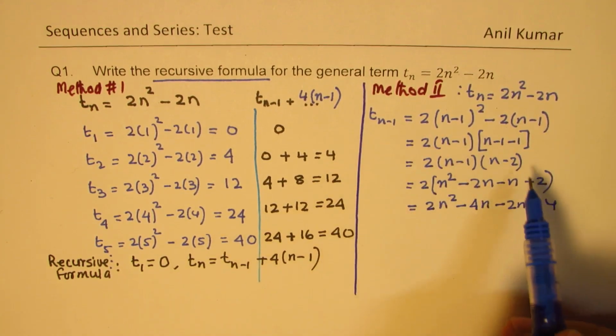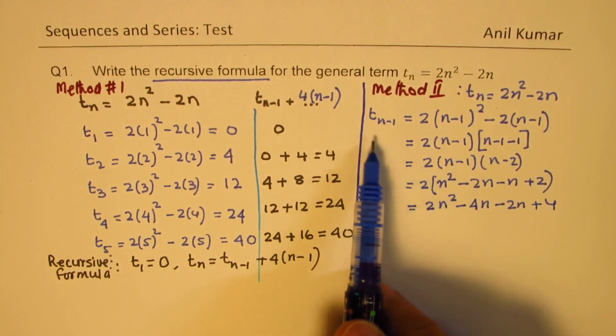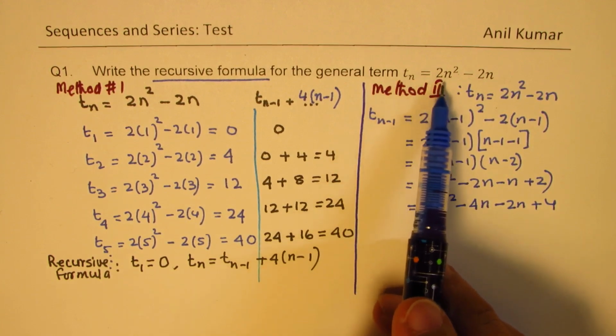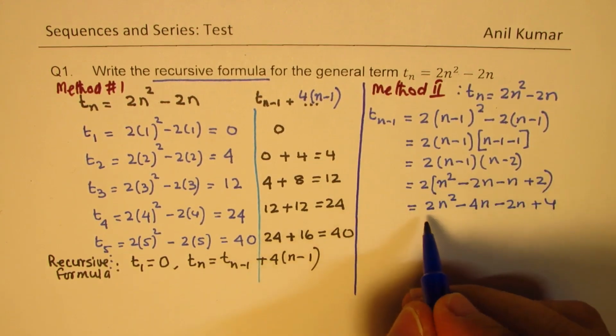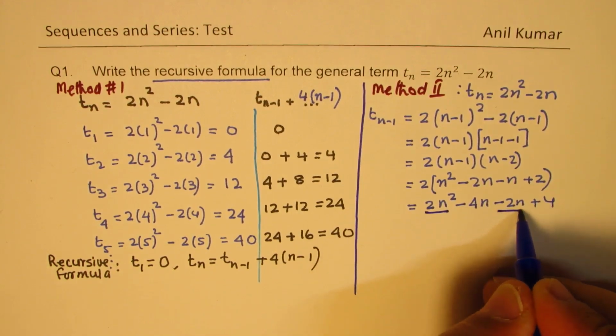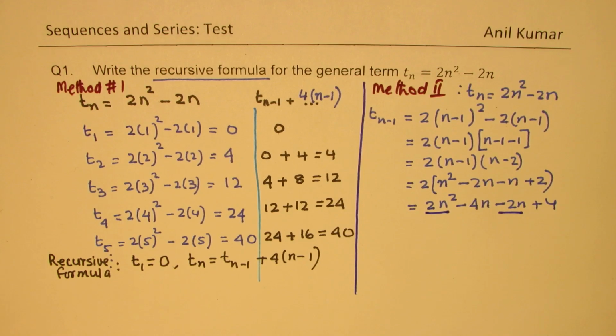When you expand, you may or may not do these steps. Finally, you get this. Now, tn is 2n squared minus 2n. So this 2n squared minus 2n is a part of tn, correct?